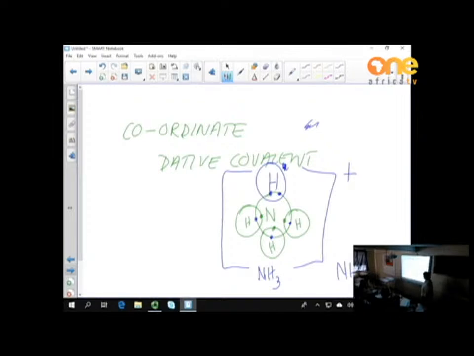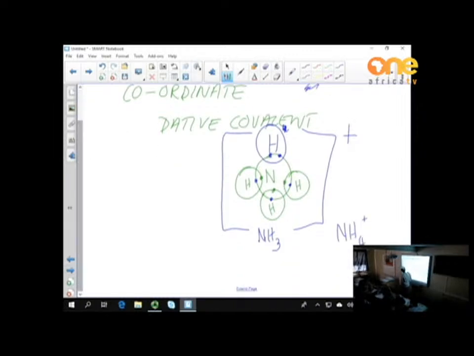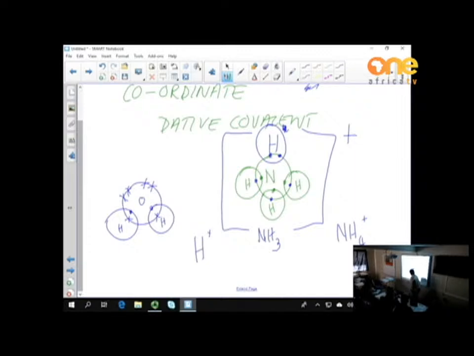The other one that likes forming this coordinate bond is water. Now, water has got 2 hydrogens and 1 oxygen. Hydrogens each have 1. Oxygen has got 6 electrons. There's the oxygen. So in an acid-base reaction, where protons are transferred, let's say hydrochloric acid breaks up and it forms that plus that.